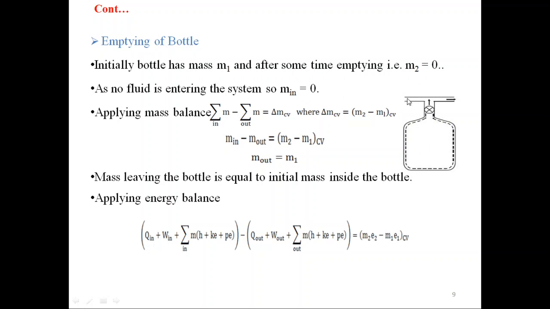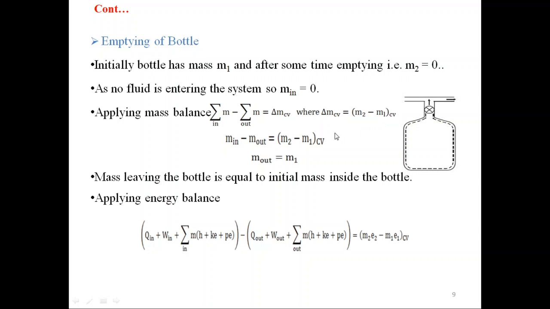As there is no fluid entering the system, m in will be 0 in this case. So if you apply the mass balance, sum of all the mass entering minus sum of all the mass leaving will be equal to change in mass of the control volume, that is m2 minus m1.